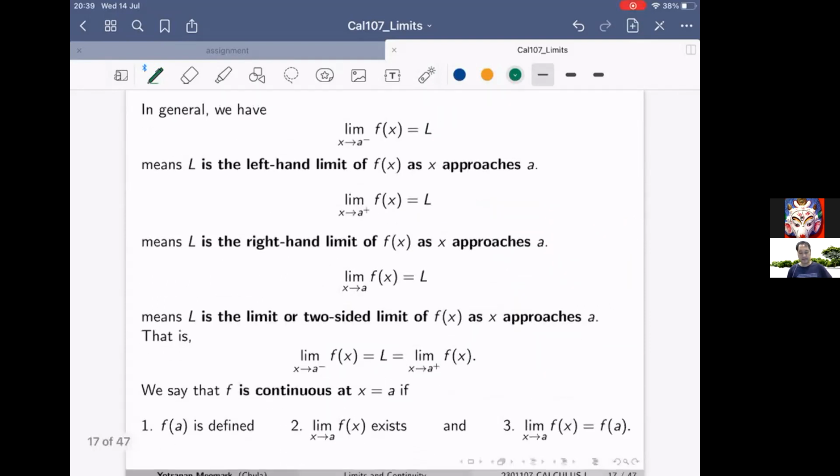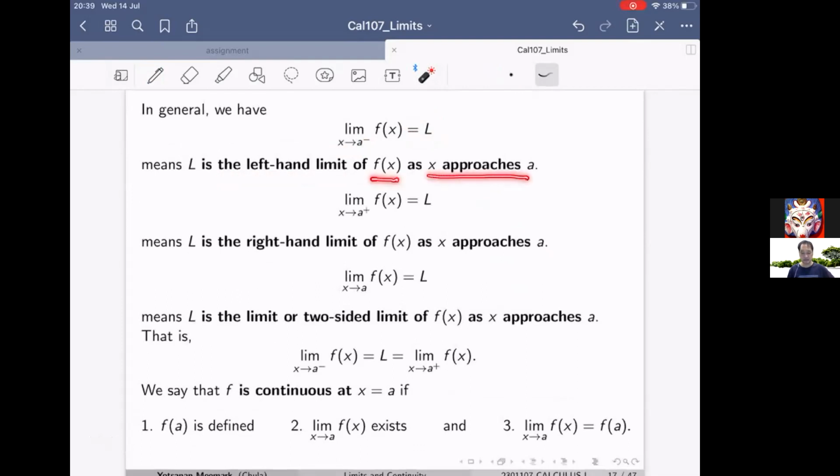So let's say in general, the limit as your x goes to a, with this negative as a superscript here, equals to L, it means that L is the left hand limit of a function f of x as your x approaches a.